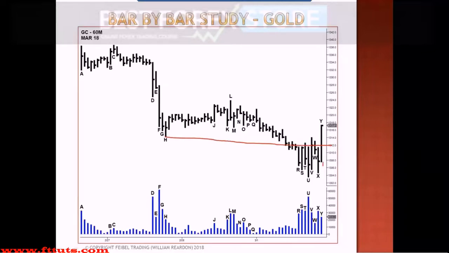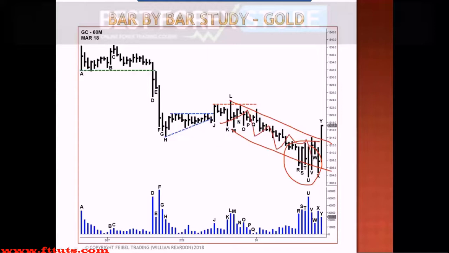Now, there is much more to this chart than meets the eye. Let's add structure. Now we have structure, it completes the story. Bear in mind, there are channels that you can draw, and we're oversold because we're in a downtrend.